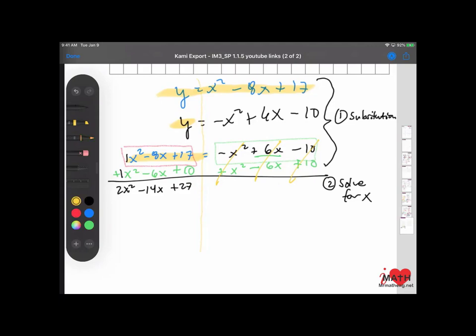We can see if we can solve this by factoring. And basically what we did there is we're setting this equal to 0. So that is step 3, solve for x. Set equal to 0. Okay, so we have it equal to 0, and now we can see if we can solve this by factoring.